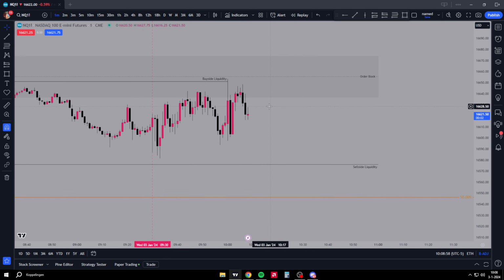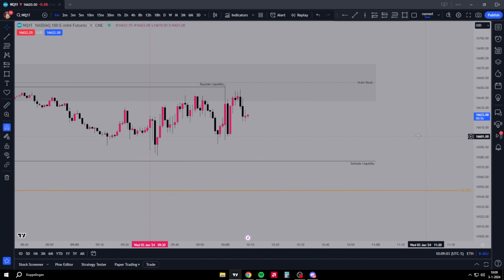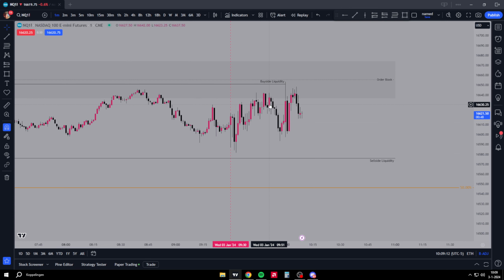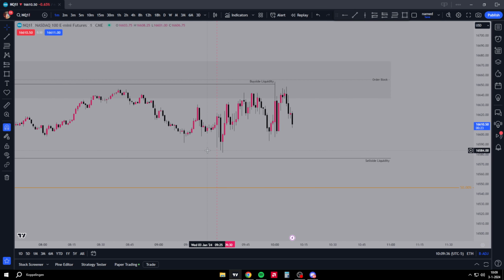So not really a high probability setup, so I won't take it, but let's see what we do. The only confluence you would have is accumulation, manipulation, distribution. So you would be trading the power of 3 right now.